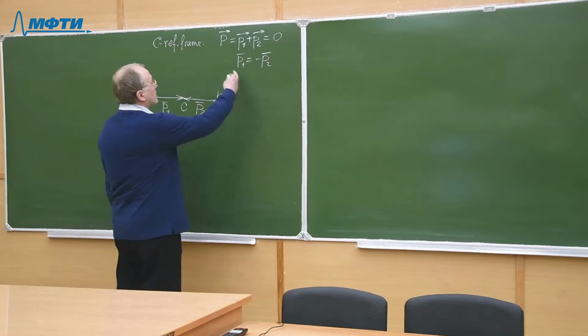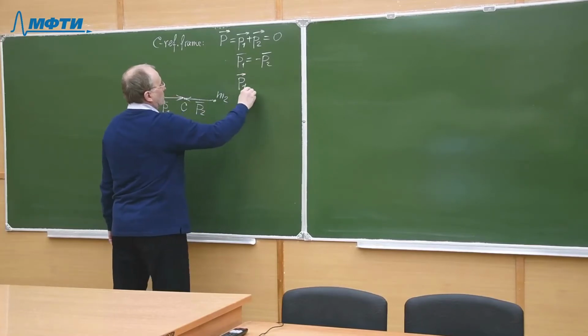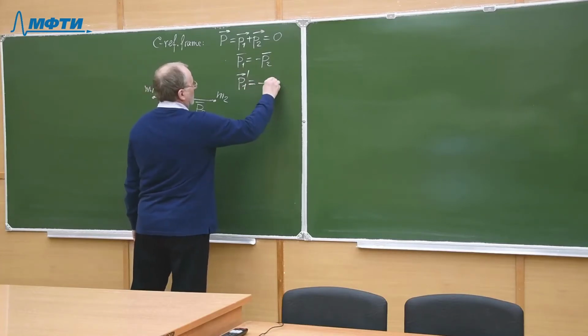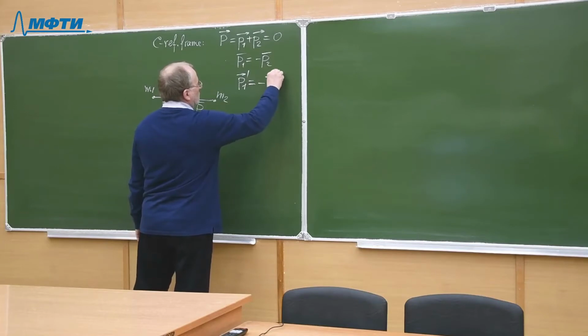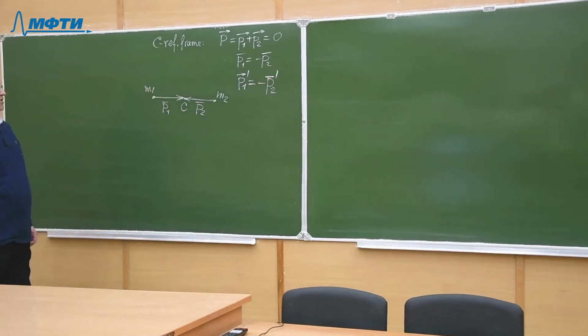So after the collision, the same will be true, and if we denote what happens after the collision as P1 prime, then it will be equal to P2 prime after the collision, the same as before the collision.